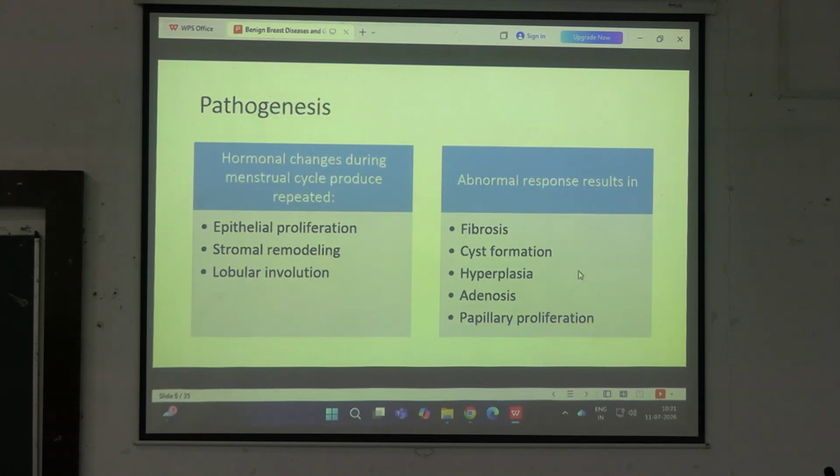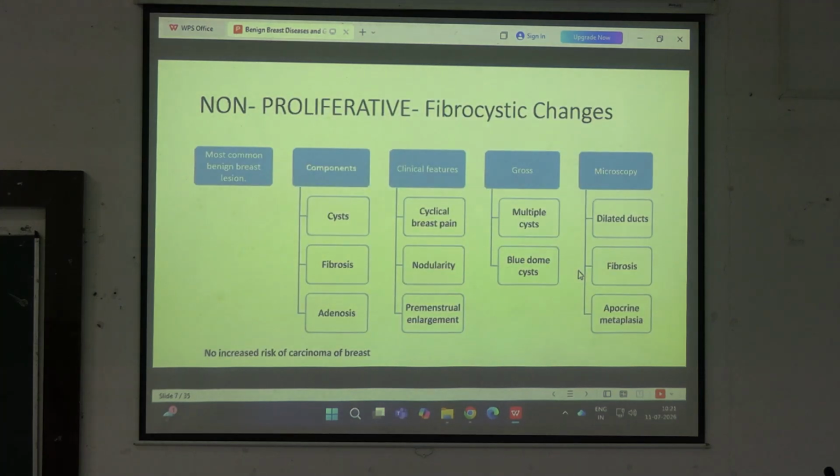So the pathogenesis of these lesions is, there will be hormonal changes usually occurring during menstrual cycles, which cause epithelial proliferation, stroma remodeling and lobular involution that occurs normally. But if any of this is an abnormal response, then this will lead to formation of fibrosis, cyst formation, hyperplasia, and adenosis.